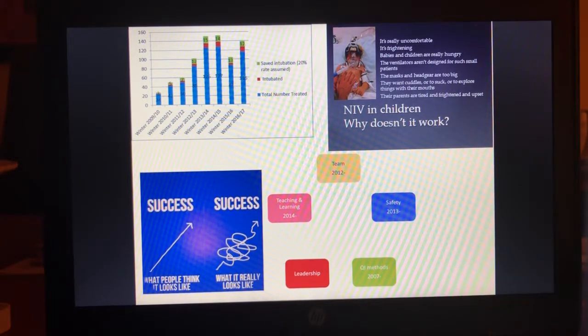Throughout this period, we can see that generally we've maintained a significant number of admissions. There's a slight fall in 2015-16, and I think that reflects the reduced severity of bronchiolitis in that season.